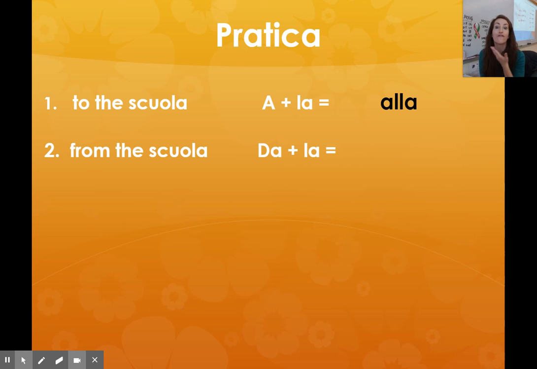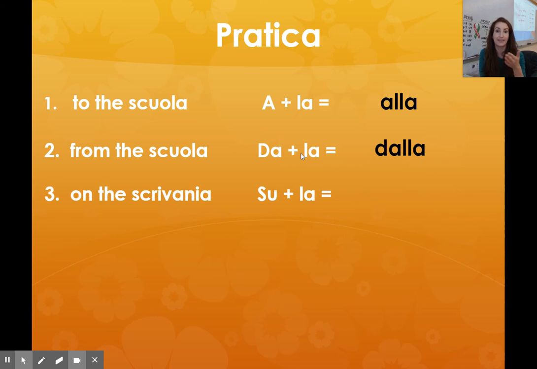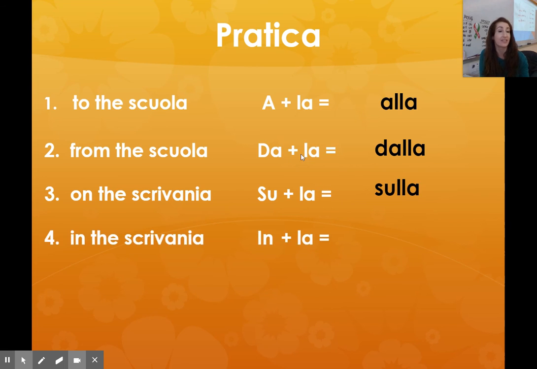In inglese, if I said from the scuola, it would become da and la combined, dalla. Numero 3. If I said on the scrivania, find su and la, combined, sulla. Numero 4, this is a weird one, in changes. In la, nella.